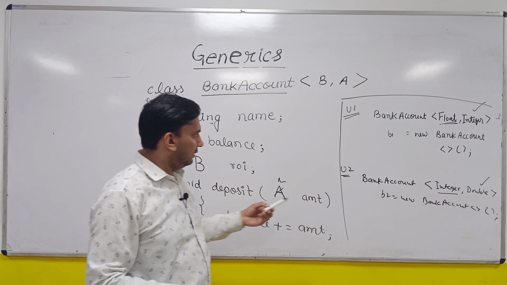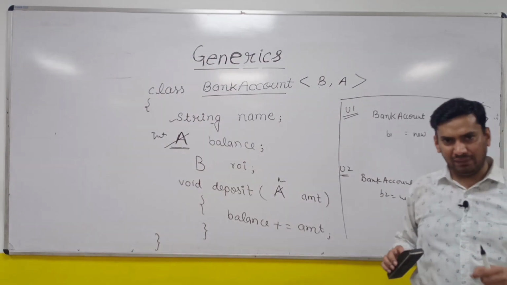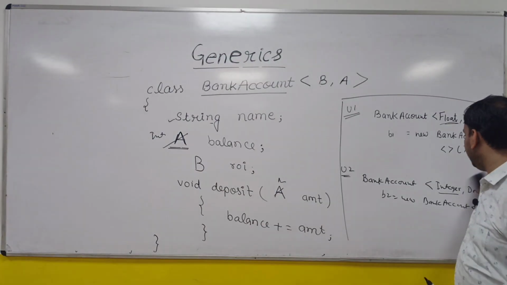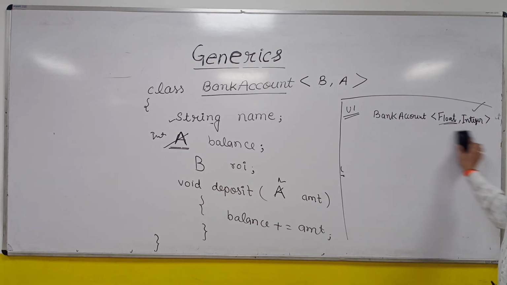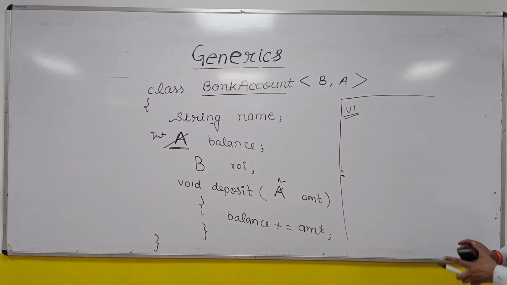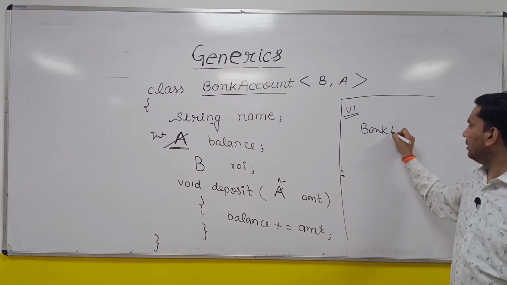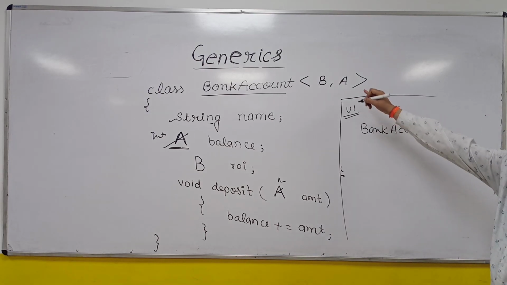Right? Now coming back to this, when generics was introduced in JDK 1.5 or JDK 5, the syntax for object creation was like this. You need to write something like this: bank account, and here the type that you want to use.